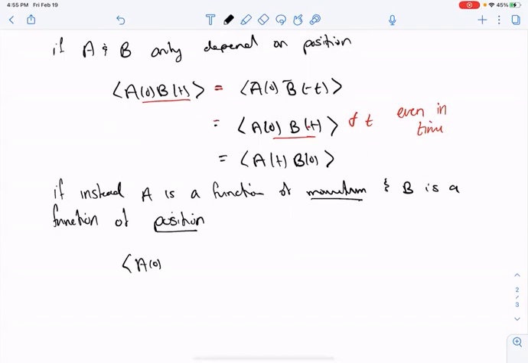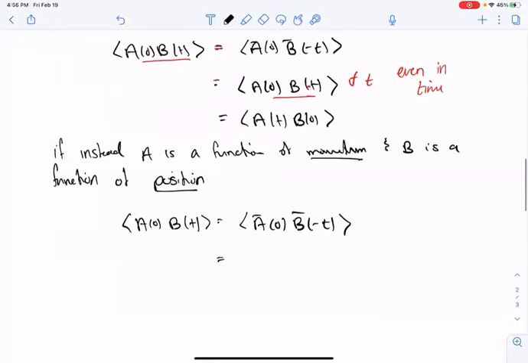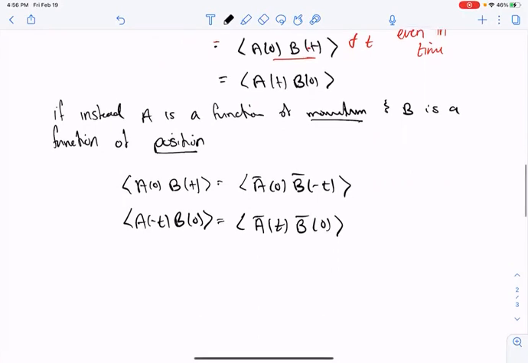Then A at 0, B at t is equal to A bar of 0, B bar of minus t. This is also equal to A at minus t, B at 0, that's stationarity, or A bar of t, B bar of 0.